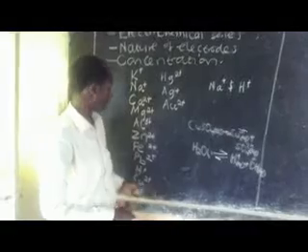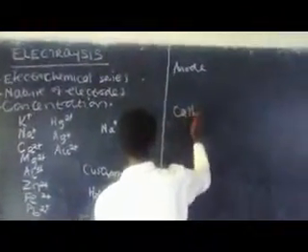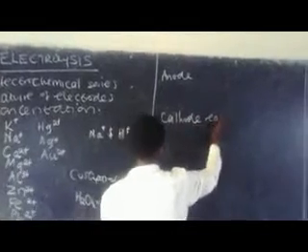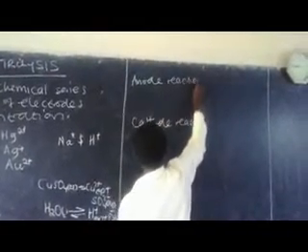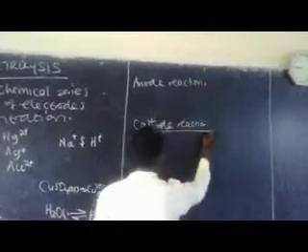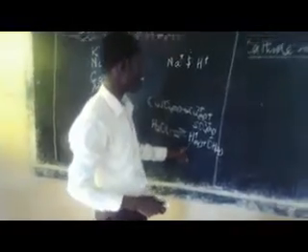So you look here at the anode reaction and then the cathode reaction. At the anode, we take the anions. At the cathode, we take cations. So at the cathode we take copper and leave hydrogen because hydrogen is more reactive.